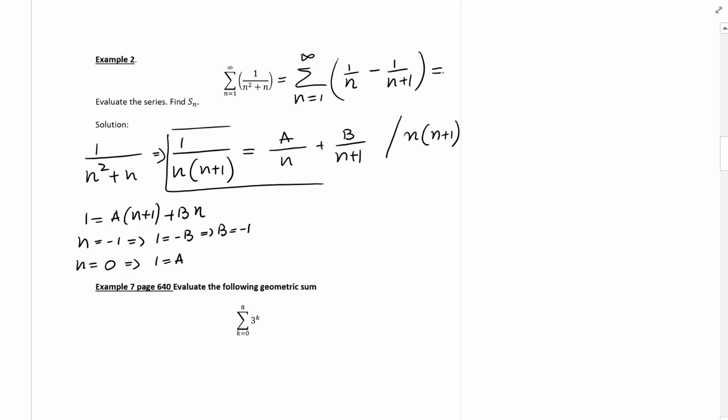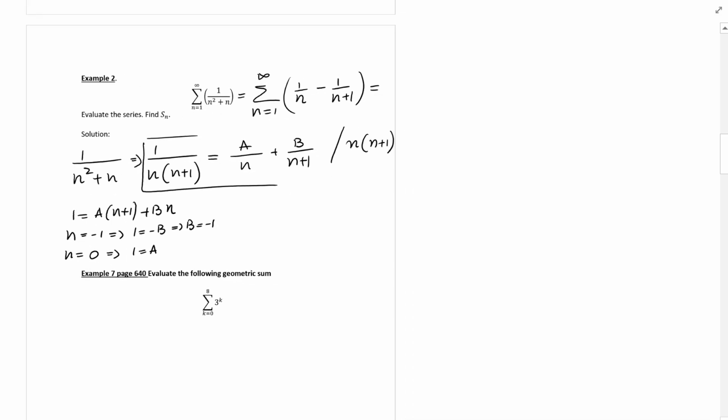We actually made this series look like a telescopic series. So S sub n is going to be equal to the sum, as k goes from 1 to n, of 1 over k minus 1 over k plus 1. So if we give k the value of 1, we get 1 over 1 minus 1 over 2, plus.